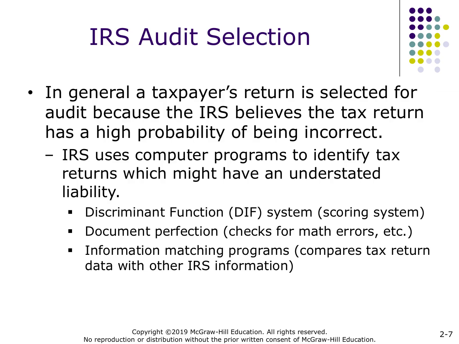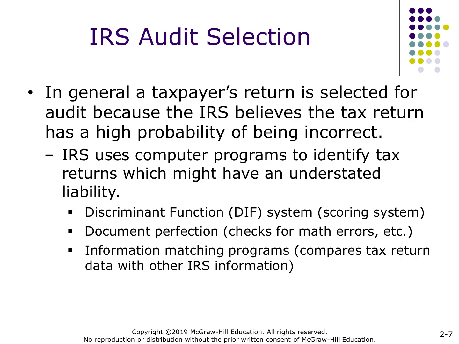All right. So obviously, IRS audits are a huge topic of conversation. By all accounts, IRS audits are an unfortunate situation for taxpayers for sure. They're not a lot of fun. And so, in general, they select returns for audit because there's something that makes them believe there's a high probability of an error on that return, okay?